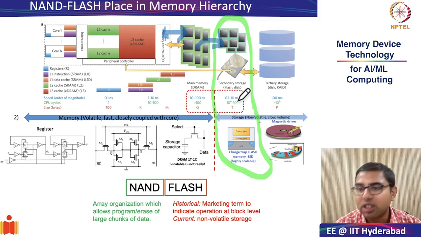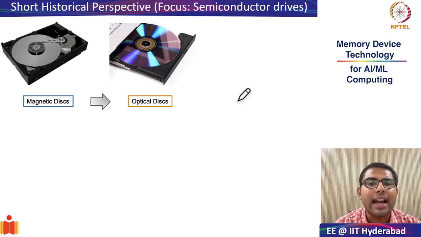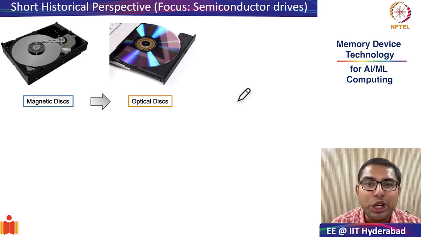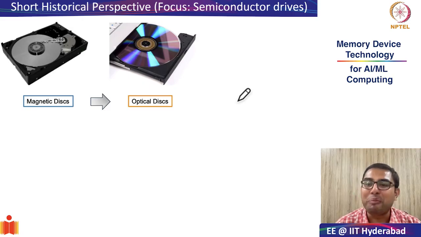So with this introduction, let us start looking at a very brief historical perspective in the development of flash cells. Just to make you understand, maybe the newer generation may not be familiar with it. Actually, solid state drives or NAND flash was not the staple when computing systems started to evolve.